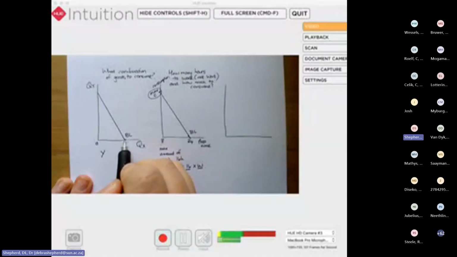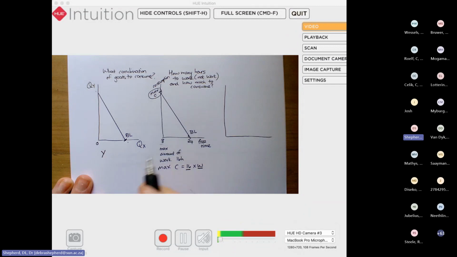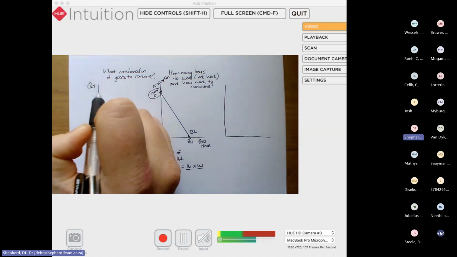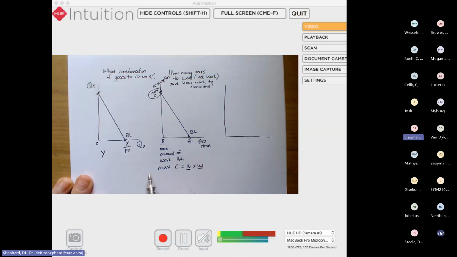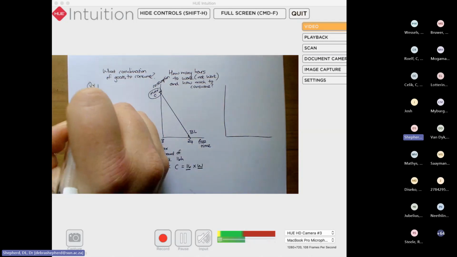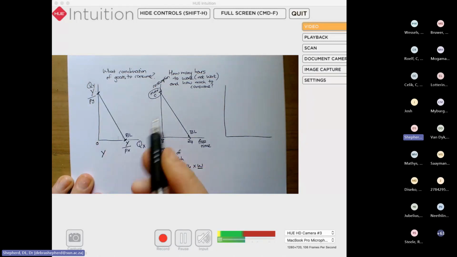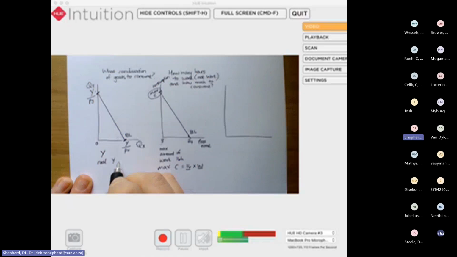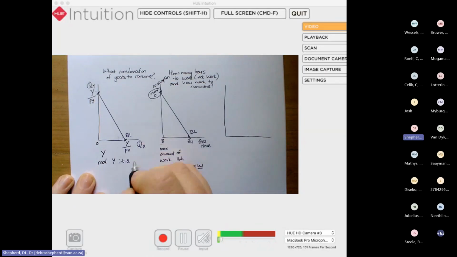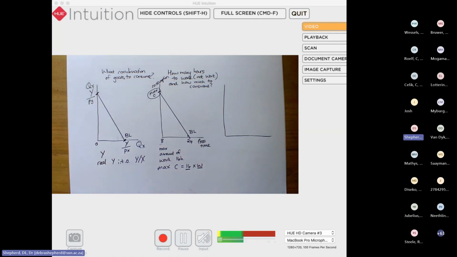If you consume all of your income on X, it means that you can buy however much you have as income divided by the price of X. On the other hand, if you spend all your income on Y, then the most that you can afford to buy is whatever your income is divided by the price of Y. We call these 2 values here real income in terms of Y or X. So it's what your income is worth in terms of units of a given product.